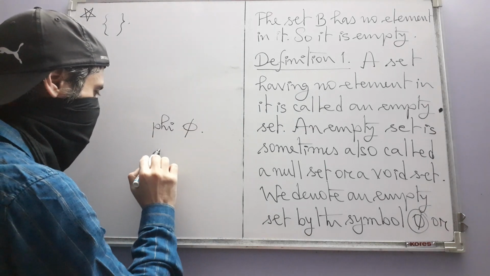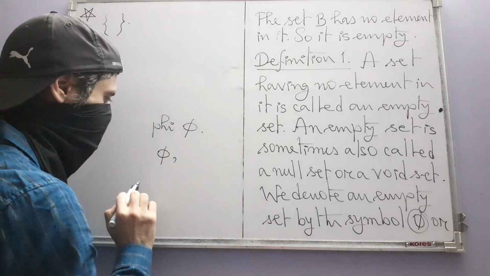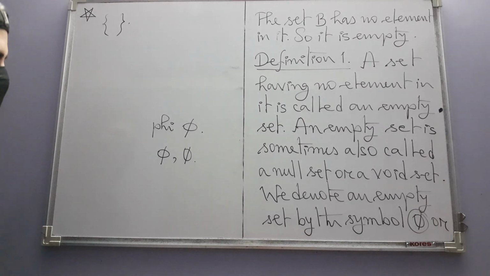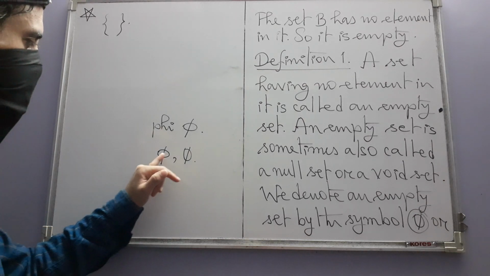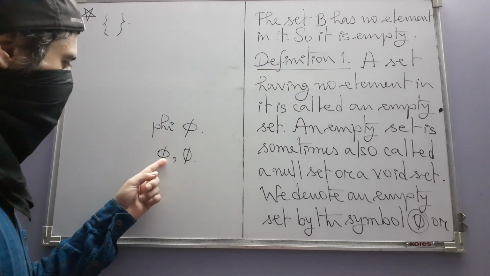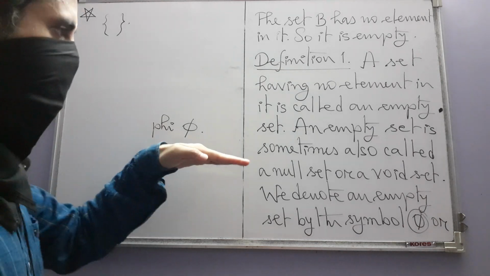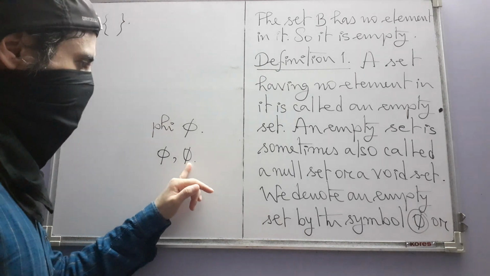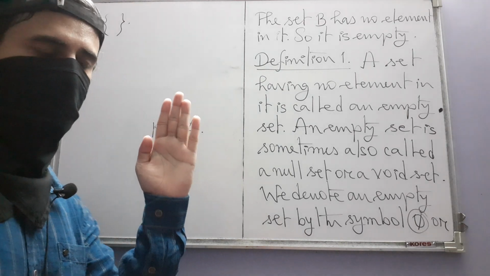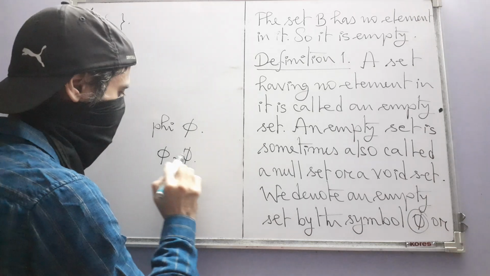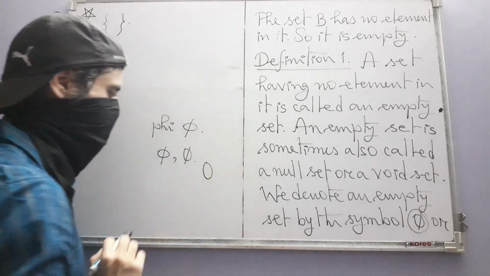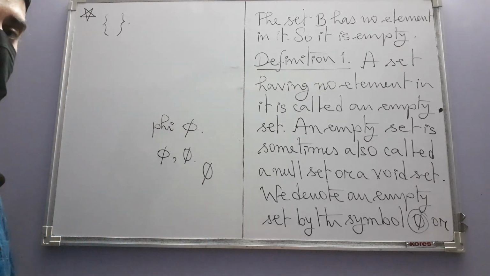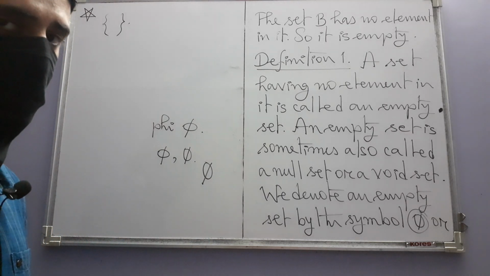You see, if I write phi and alongside, just next to it, if I write the empty set, do you see the difference? The difference is in that ellipse. In case of phi, the ellipse is like this, as if it's lying down horizontally. In case of the empty set, that ellipse is upright. In order to write the symbol of the empty set, what you do, you write the symbol for 0 and then strike it out. That is actually the symbol for empty set.